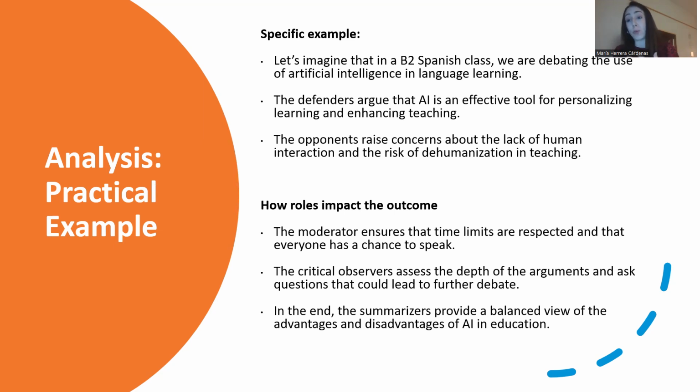However, the opponents will raise their concerns regarding the lack of human interaction and the risk of dehumanization in teaching. This would be an example that could happen in any of your classes.